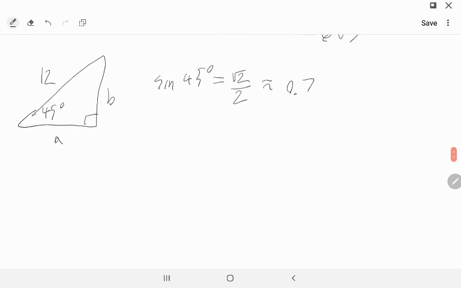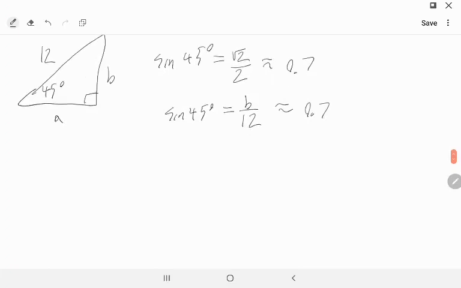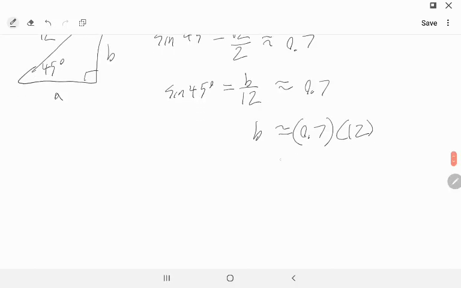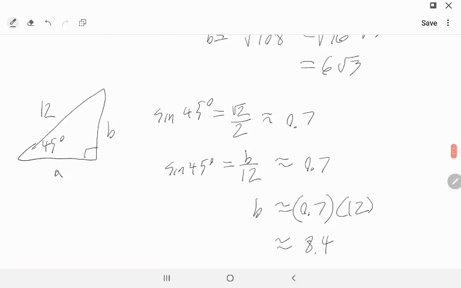And so sine of 45 is also equal to b divided by 12. So b divided by 12 has to be approximately 0.7. We multiply both sides by 12, so b is approximately 0.7 times 12, and we end up getting approximately 8.4. And then A will also be approximately 8.4, because that's also a 45-degree angle.